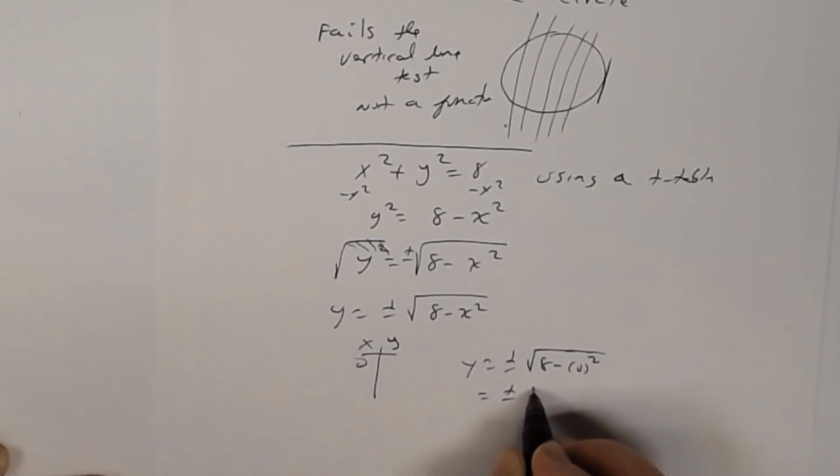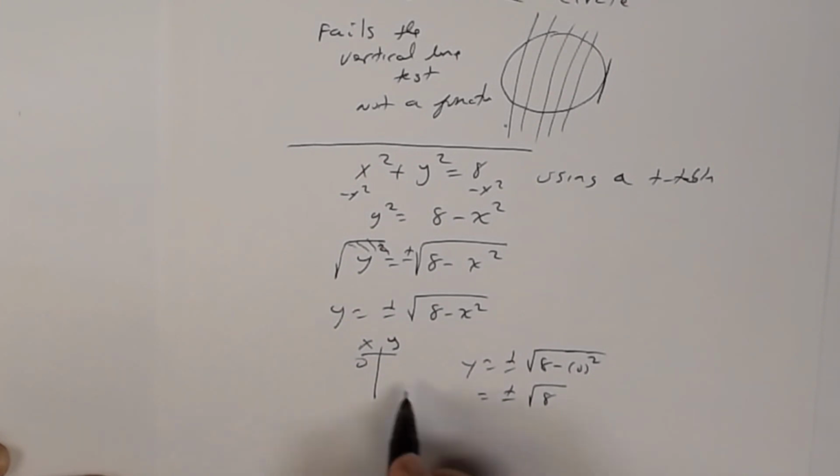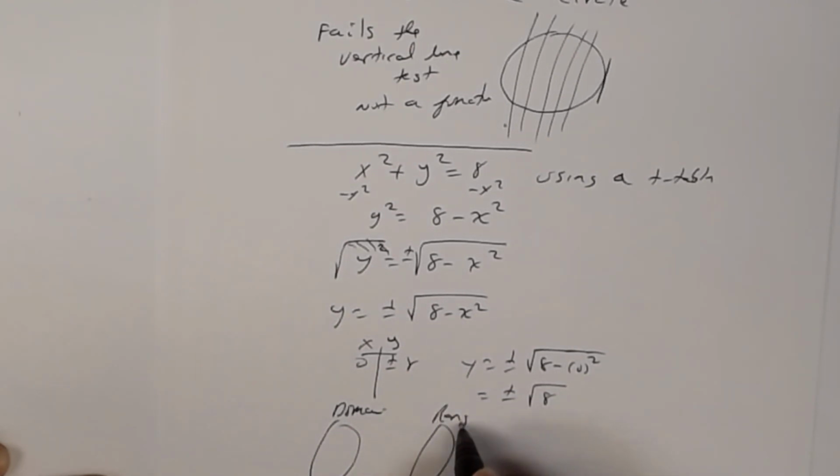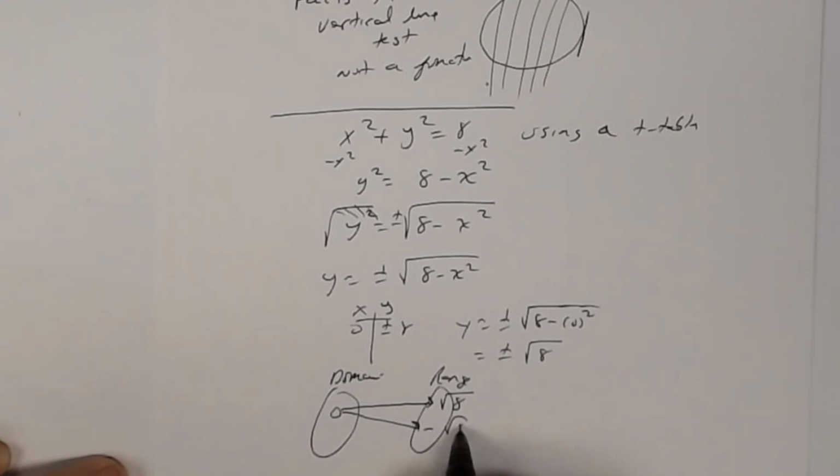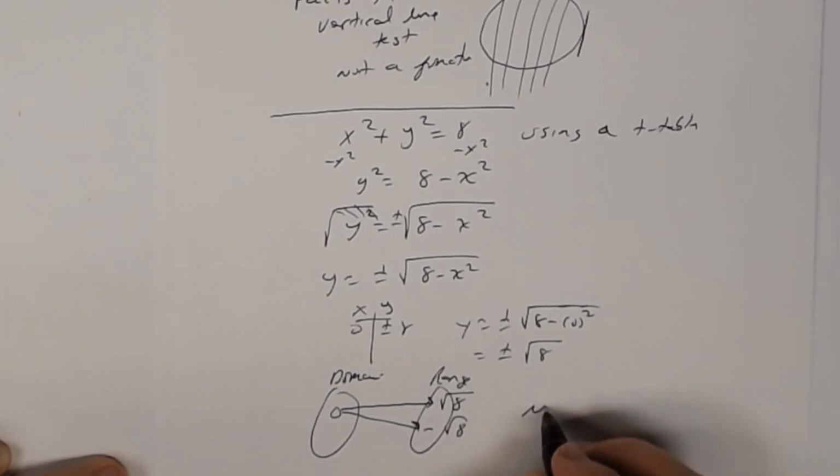So that's plus or minus the square root of 8, right? So what that means is if you think about domain and range, that mapping we did earlier, when x is 0, there are two y values, a positive square root of 8 and a negative square root of 8. So right away, that's not a function.